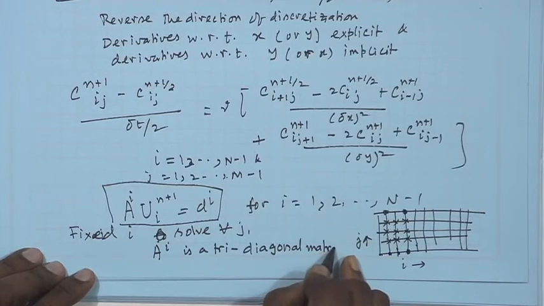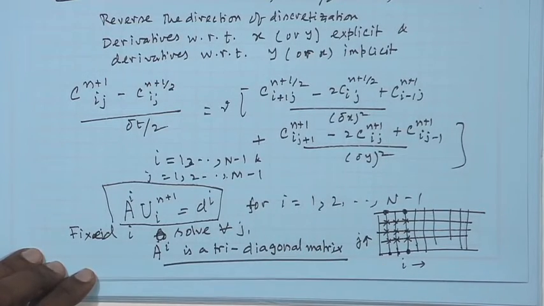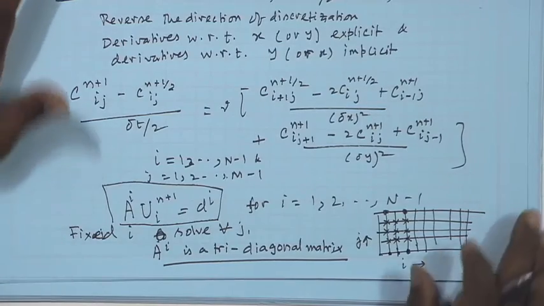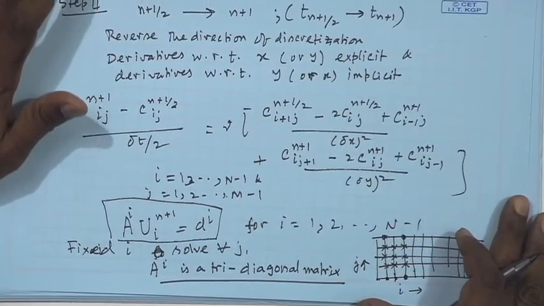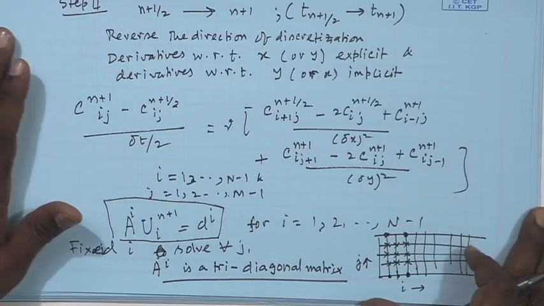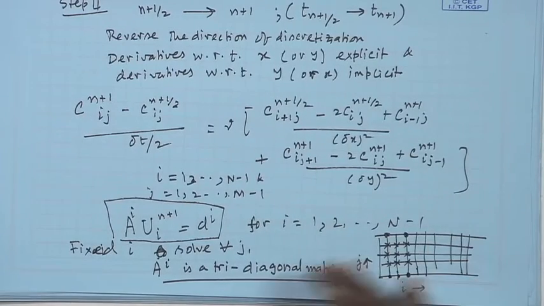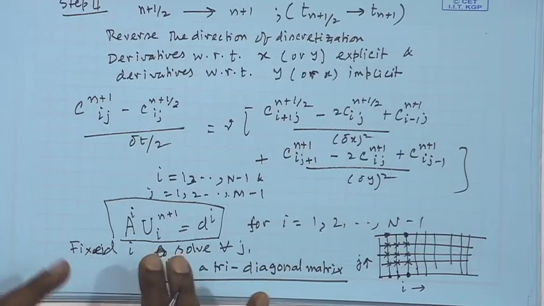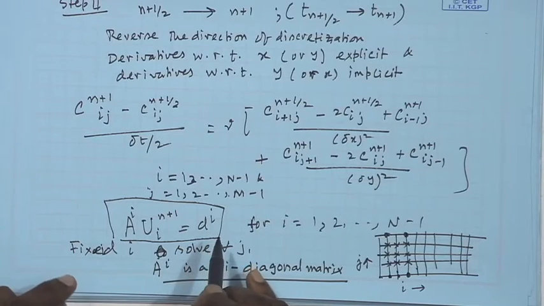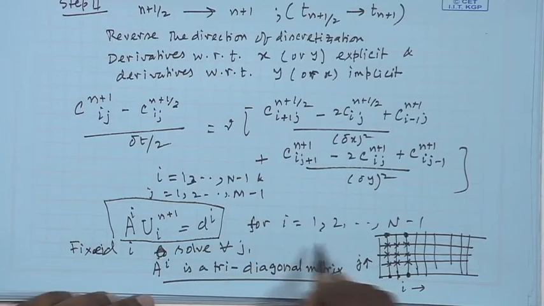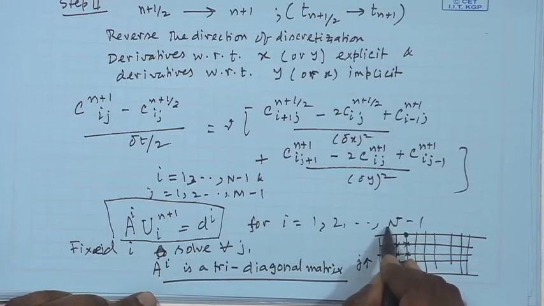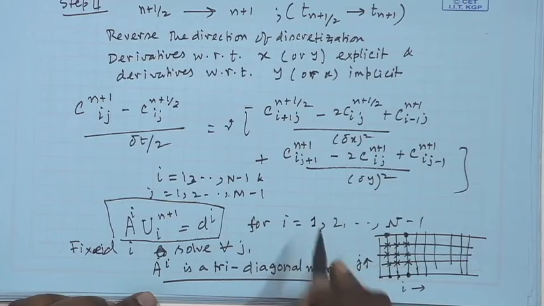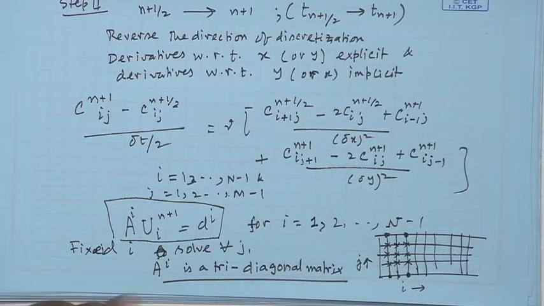So, this is the beauty of the ADI scheme, where we get a tridiagonal system at every time step. The only thing is that we have to repeat this procedure to solve the tridiagonal matrix n minus 1 times, depending on the i occurrence.